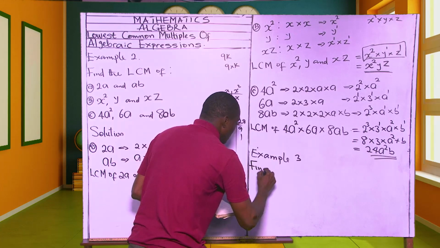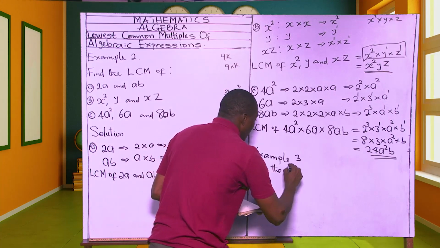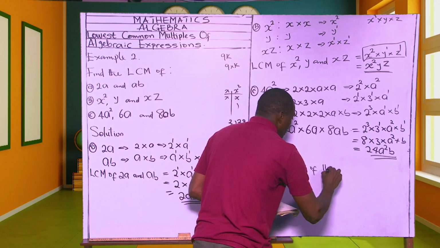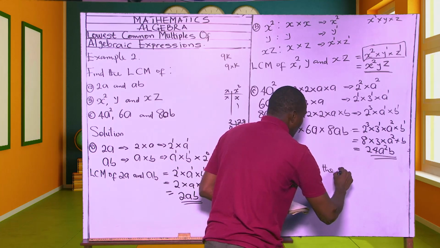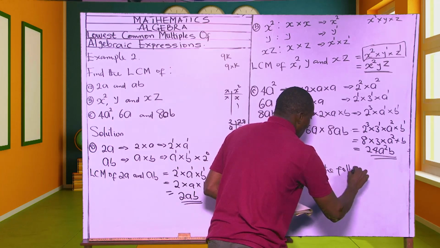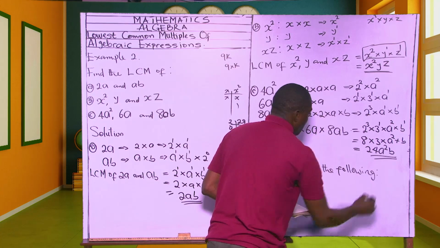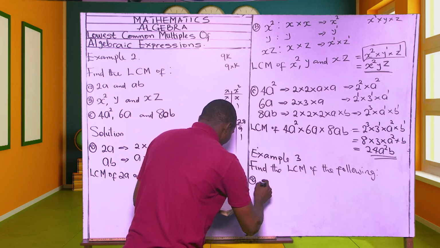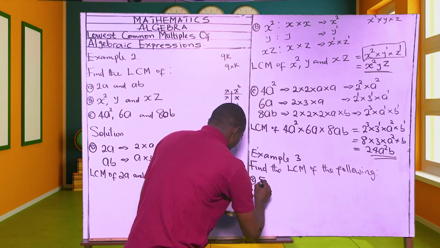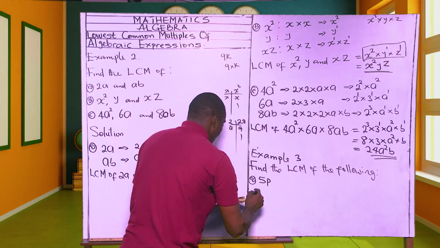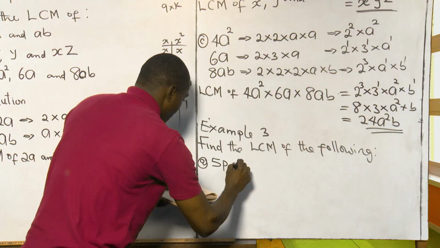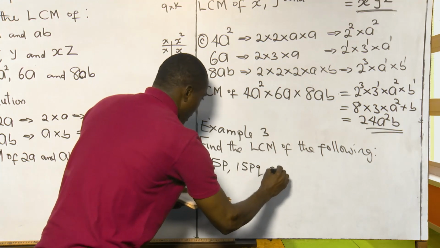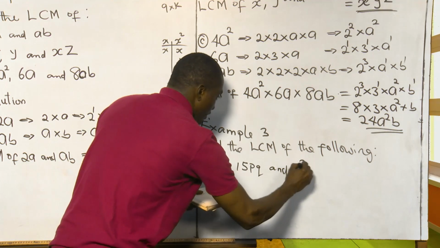Find the LCM of the following. A: 5p, 15pq and p squared.